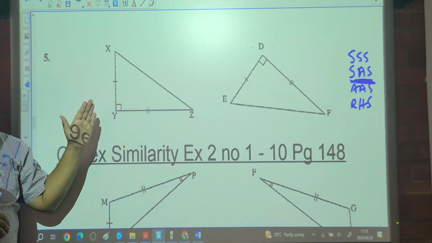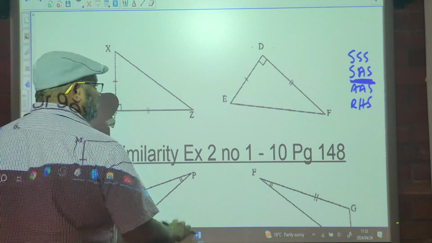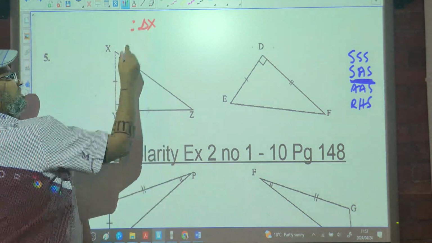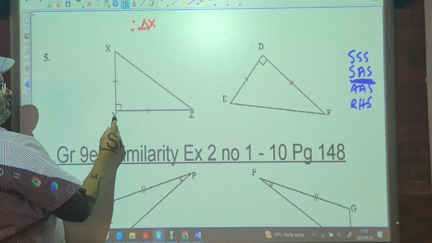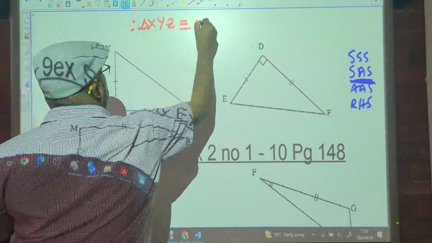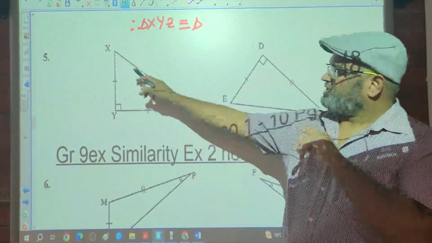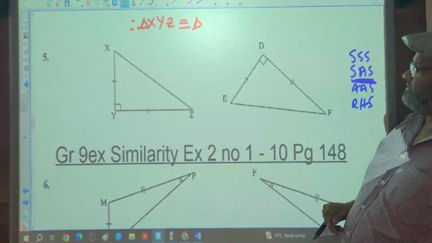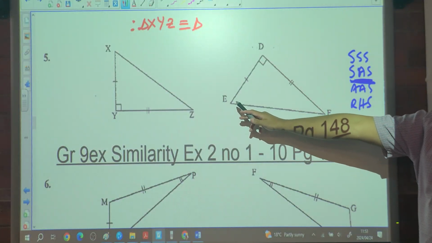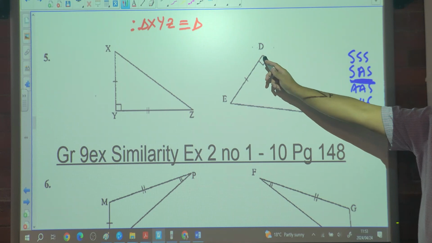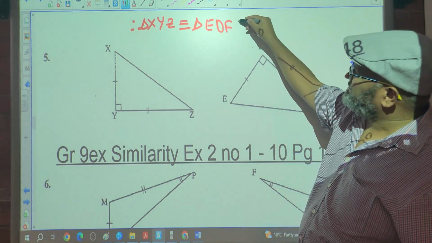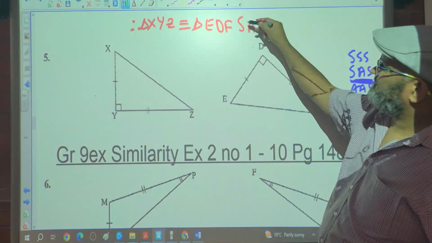You guys understand? So what are we saying? Therefore, triangle XYZ is congruent to triangle. So I start X, Y, Z. It's congruent to triangle DEF, and we said it's going to be side, angle, side.